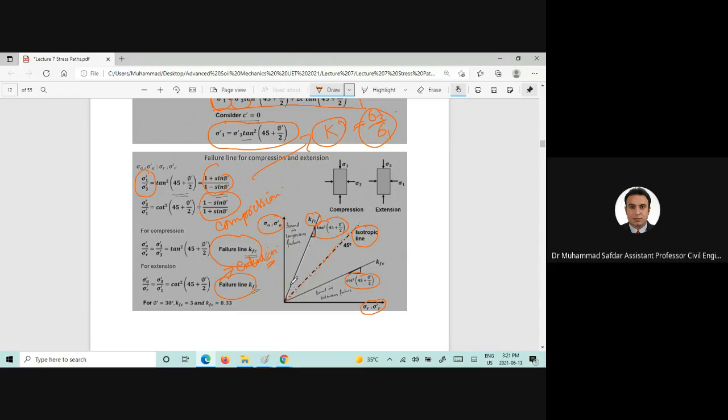Now we have two boundary lines, or the failure lines, for the stress path in compression and extension loading.